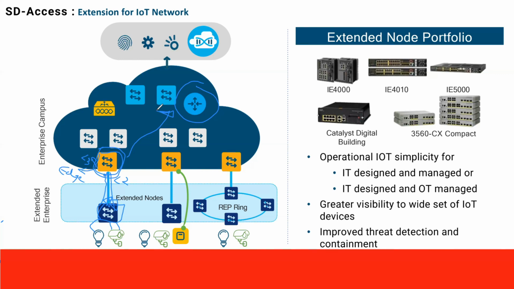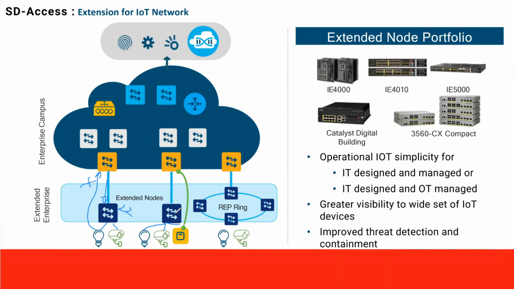What happens is, instead of connecting the IoT devices directly on the edge nodes, we are extending this edge node with L2 and then connecting these devices, so that we have a separate switch for the IoT devices.